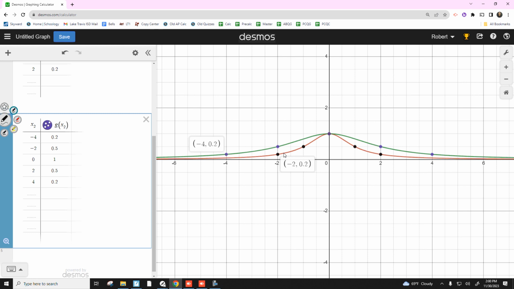You have to plug in -4, then multiply it by 1/2 to get to this original point at -2, 0.2. So this point is pulled or stretched out from the y-axis. This point is stretched out. This point is not stretched at all. Notice it's not vertically stretched. This point stretched out. This point stretched out.